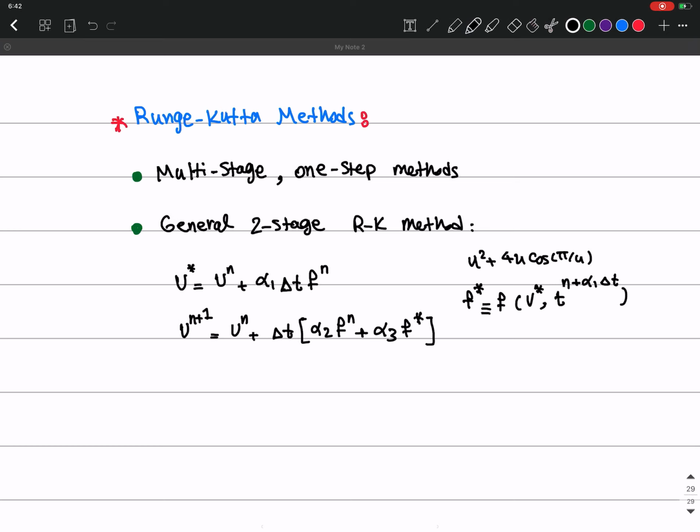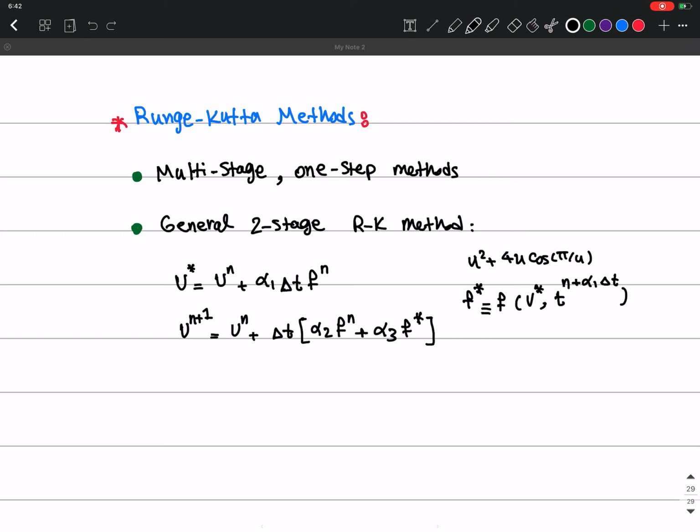So for F star, first you will find U star from here. You have a delta t, you have alpha 1, alpha 2, alpha 3. You set those based on the problem you want to solve. And then Un is the previous value, so you already have all of them.